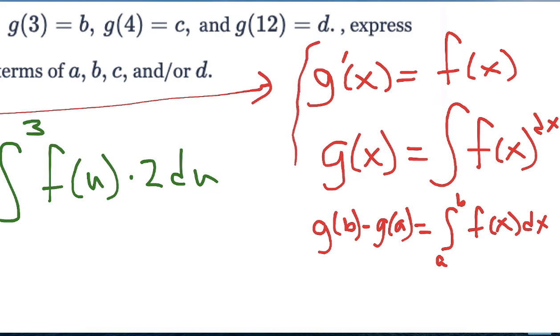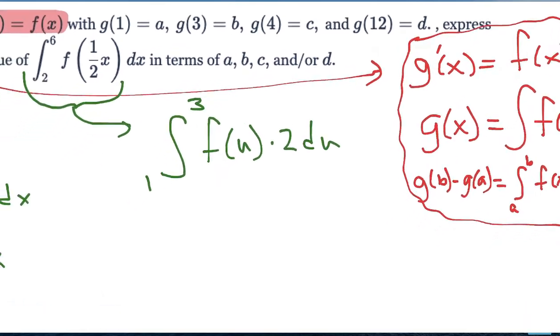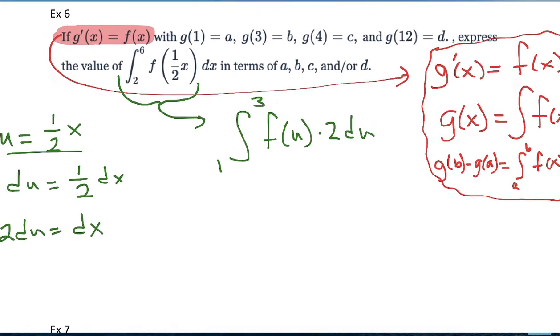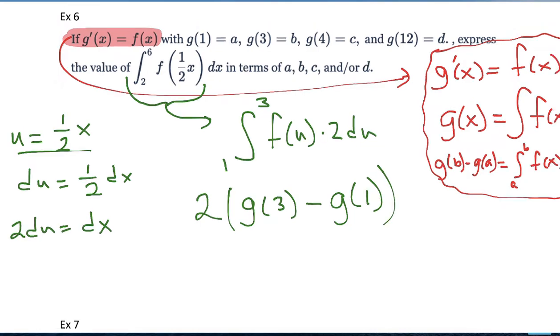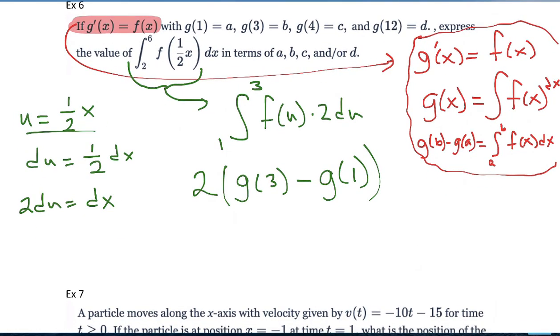So this side work matters on a problem like this generically. What that means is on this problem that we have, the 2 comes along. That's just a constant. But what we have is g of 3 minus g of 1. Because when we integrate, we should get back to g.